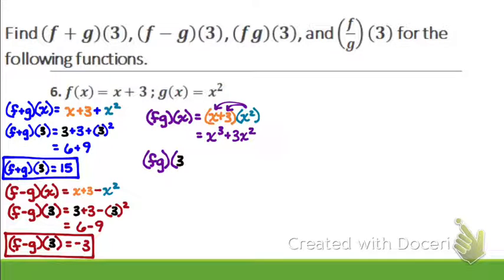Then I'm going to substitute 3 in the place of x. So I have 3 cubed plus 3 times 3 squared. So 27 plus 3 times 9, or 27 plus 27, which gives me 54, absolutely correct.